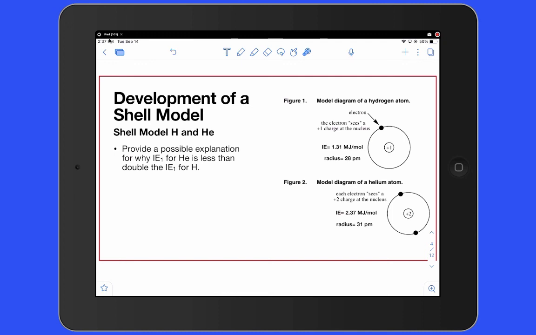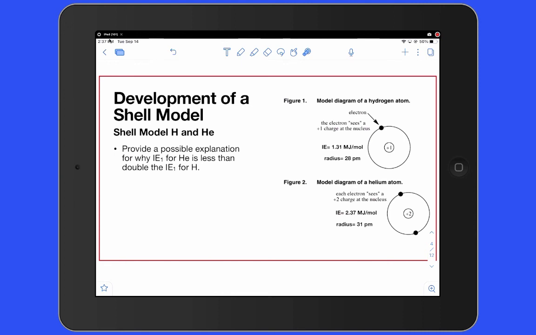Well, okay. So I need to back up because the way I said that is misleading. In helium, we would expect the value to be double, if the distances were the same, correct? Because we've got twice as many protons in helium than we do in hydrogen. Now, it's a little bit bigger, which means the attraction is going to be a little bit smaller, but the 2.37, that's far enough away from being double.